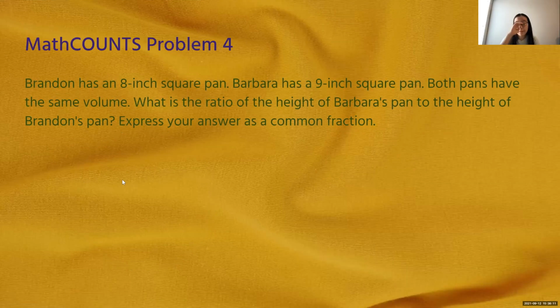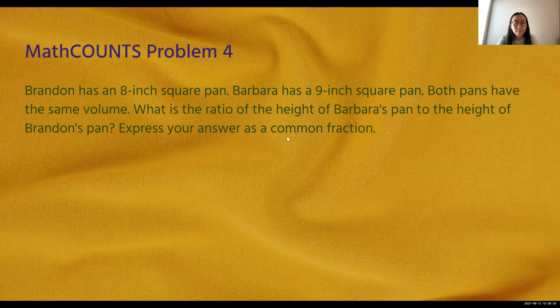Okay, so let's move on to a practice problem. Brandon has an 8-inch square pan, and Barbara has a 9-inch square pan. Both of the pans have the same volume. So what is the ratio of the height of Barbara's pan to the height of Brandon's pan?